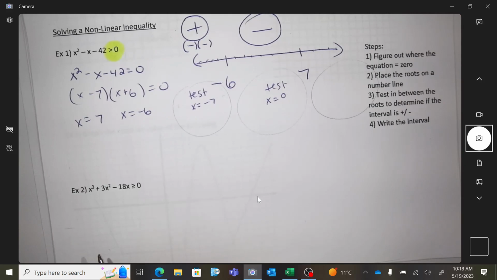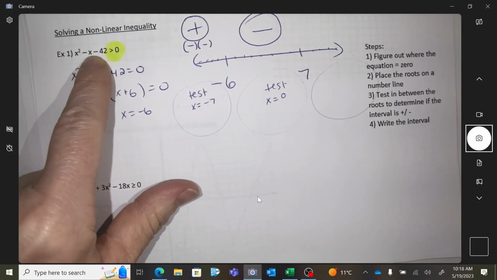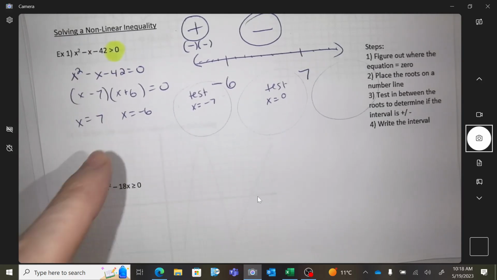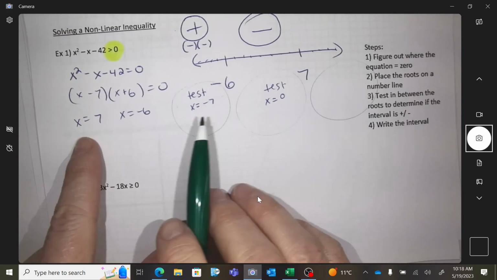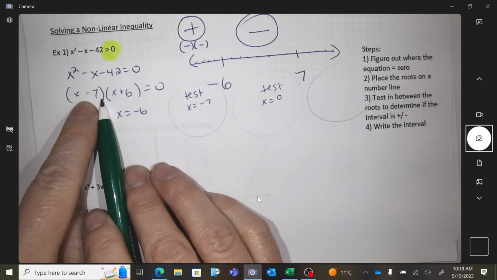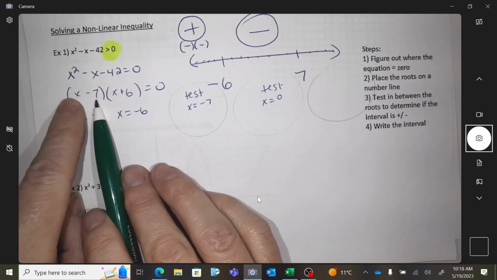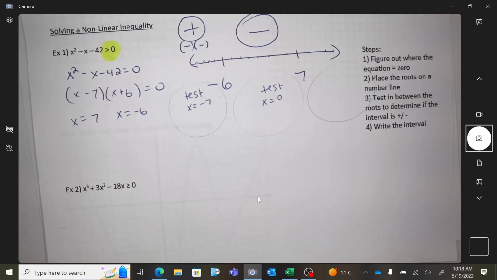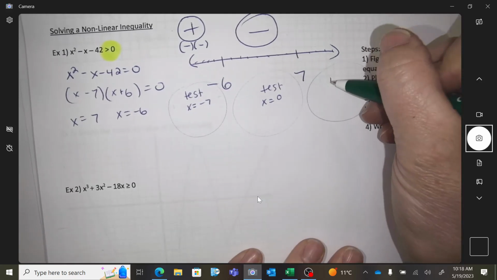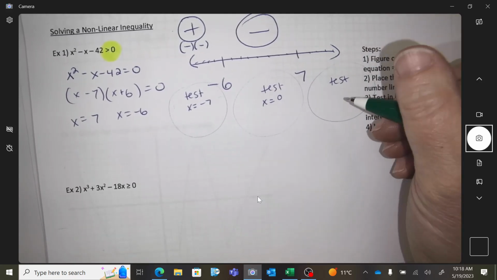Boom. That's how fast it was. -42. Right? Remember doing that? Plugging in 0. Boom. Last one. Okay, if you forgot and you were like, well, if I just plug in 0, 0 subtract 7 is negative, 0 plus 6 is positive, so that's negative. Okay, give me a test number over here.